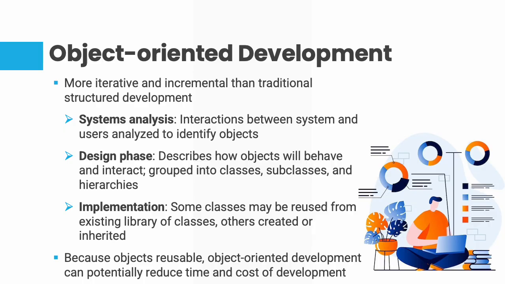Now let's talk about why object-oriented development is so popular. The key idea is that it's very flexible and efficient compared to the older, more rigid structured way of building systems. You know Lego, right? Lego blocks, okay?